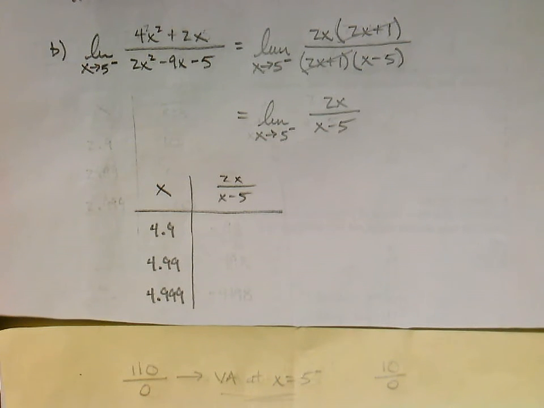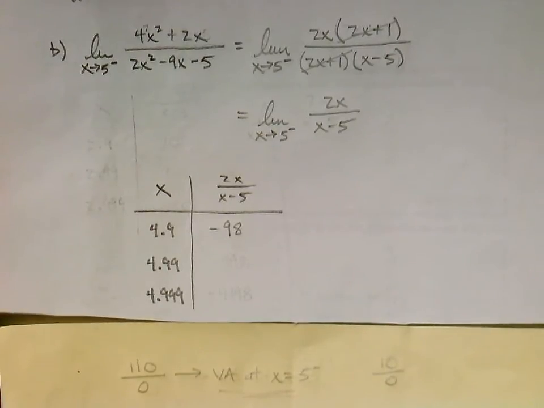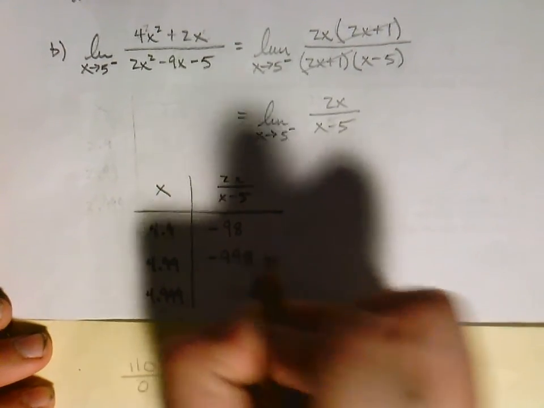Okay, so with that, let's plug in 4.9. So let's see here. 2 times 4.9, I've got my calculator going on, and 4.9 minus 5, that gives me negative 98. Okay. Well, with just one number, we don't know yet. Let's plug in 4.99. 2 times 4.99 divided by 4.99 minus 5. All right, now I think we got something good going.